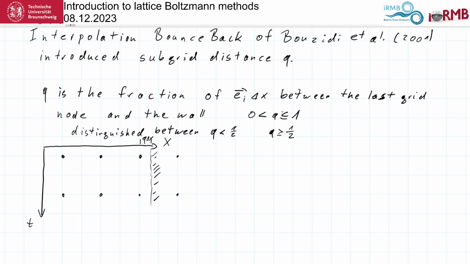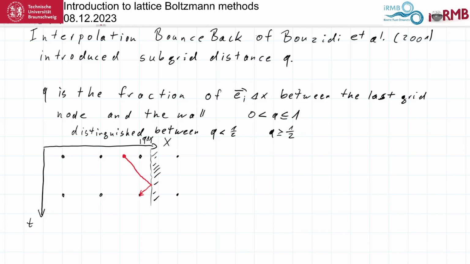What he wants to have is the population that is coming in here, which would come from the wall, and here would be the bounce back, so it would actually come from this location.